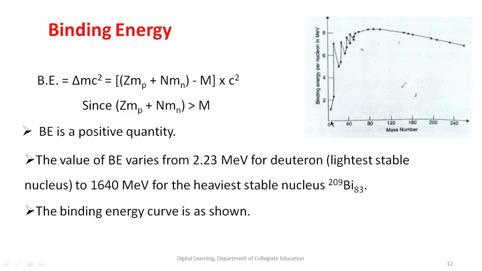You can observe here for lighter nuclei binding energy per nucleon is highest, and it will be increasing and decreasing, and finally as the mass number increases the binding energy per nucleon curve will be gradually, slightly decreasing and becomes constant. This is about the binding energy.